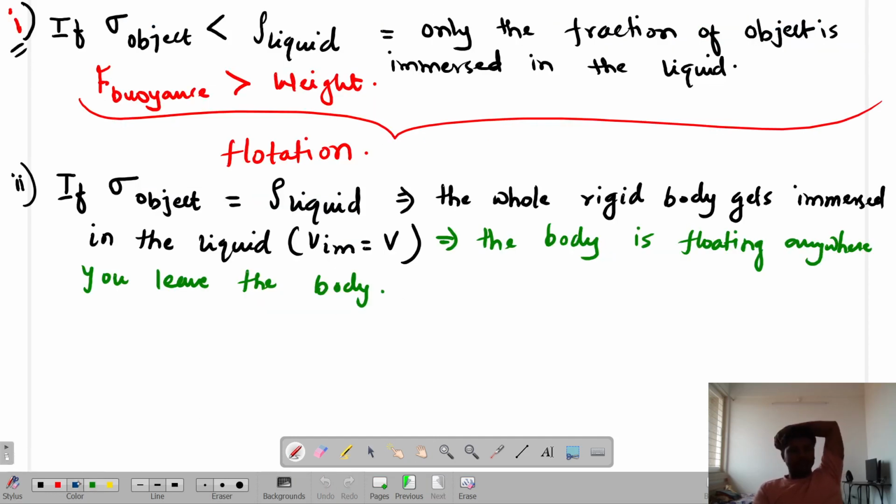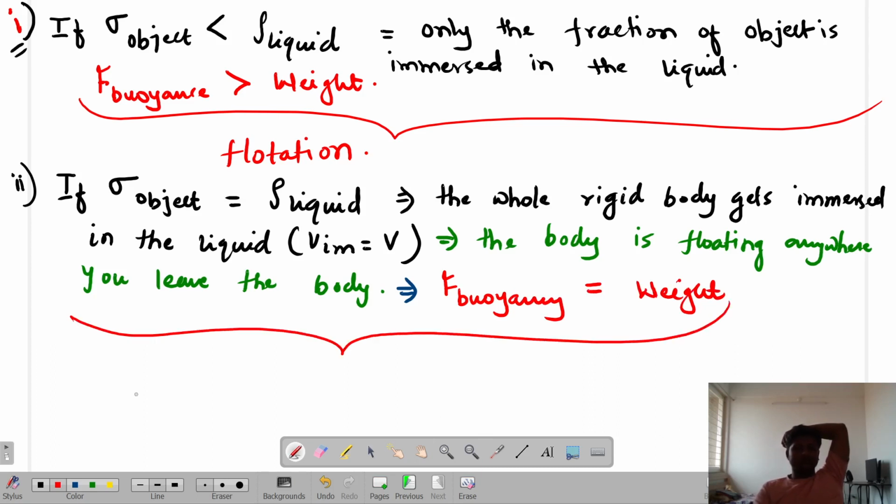This also implies that the force of buoyancy must be equal to the weight of the body. Is that clear or not?